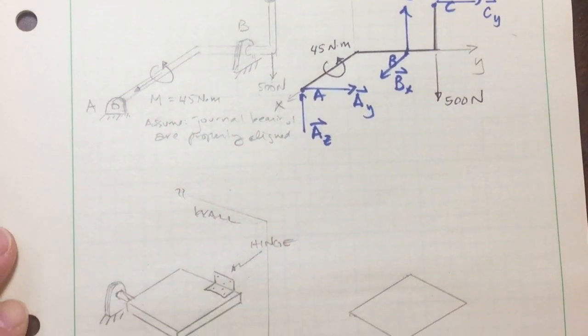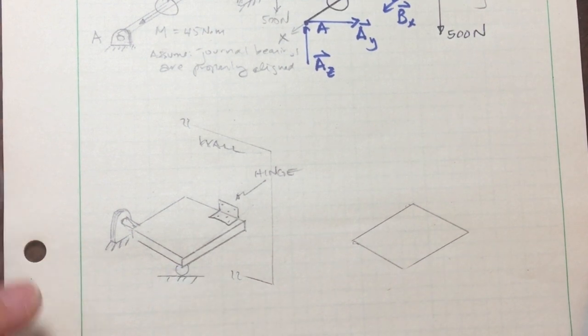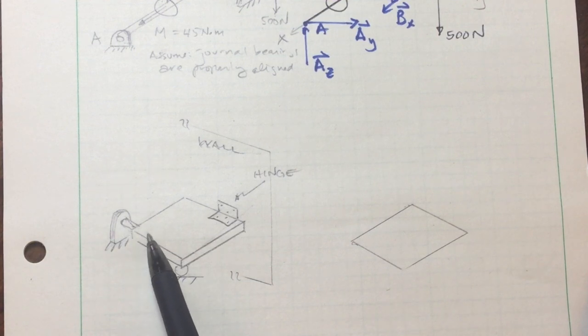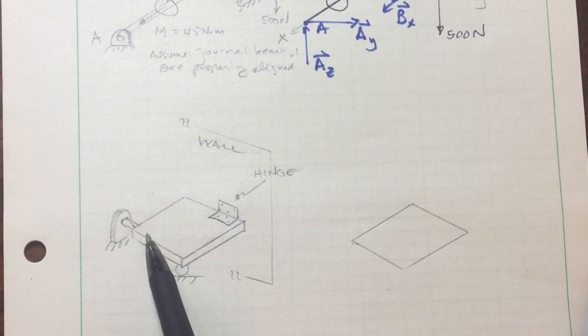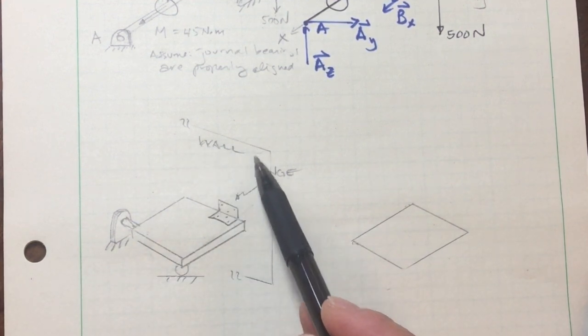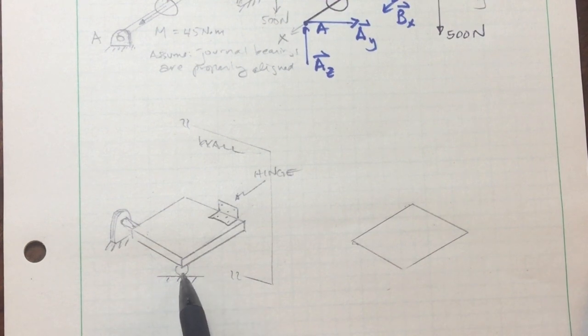Let's do another problem. So here we have a plate. It's supported by a journal bearing where a rod has gone through, and it seems to have also gone through this particular plate. It's supported by a hinge that's attached to a wall, and there's also a smooth round ball there that supports that corner of the table or plate.